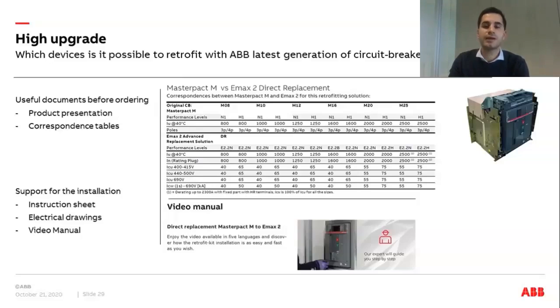Here on the right, a picture shows the cradle of Masterpact, where inside there is the moving part of the Emax2. After having ordered, we support our customer with an instructional sheet, electrical drawings also, and video manual in order to guarantee an easy installation that can be done also by customer technicians.